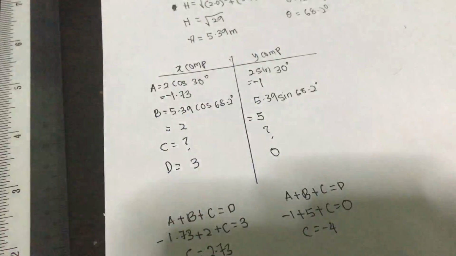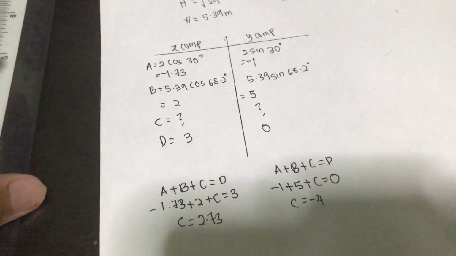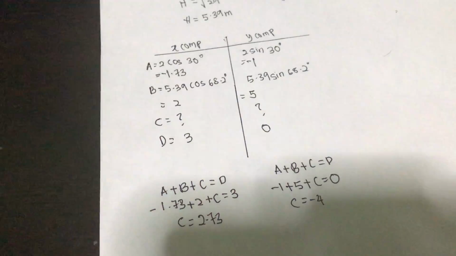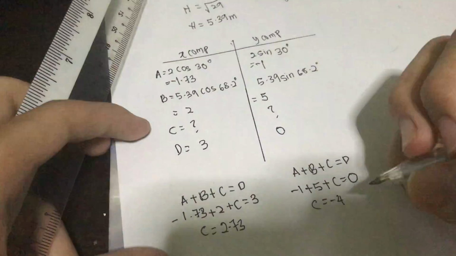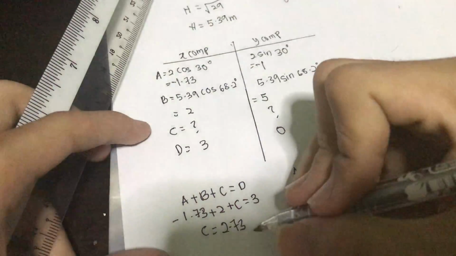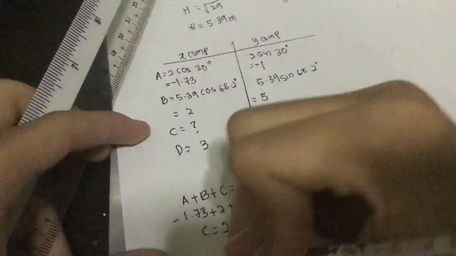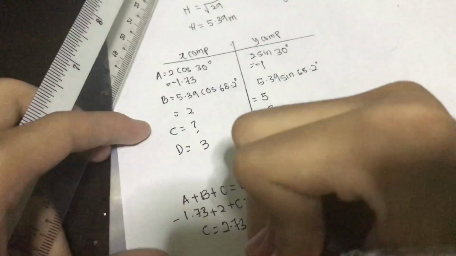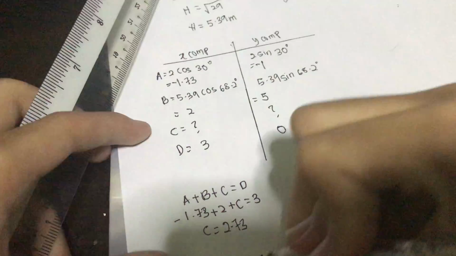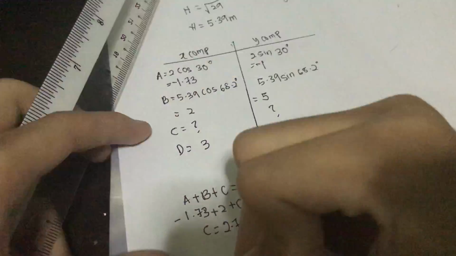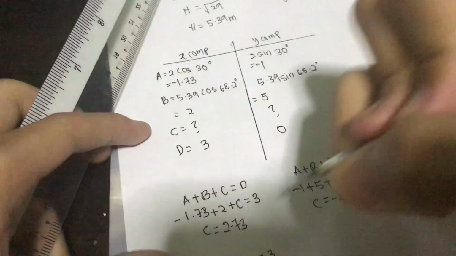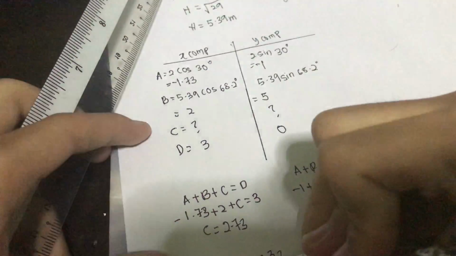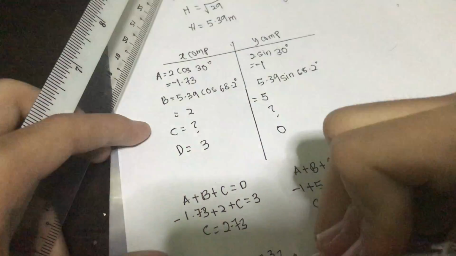So this is the answer for vector C: in the x component we get 2.73, and in the y component we get negative 4.